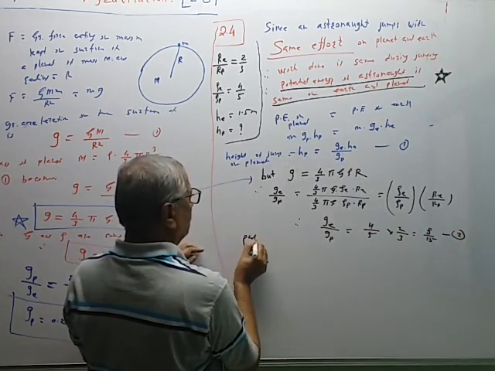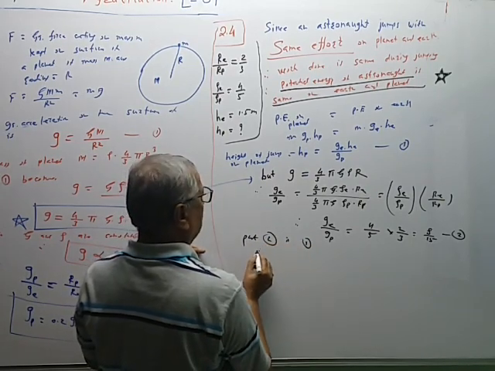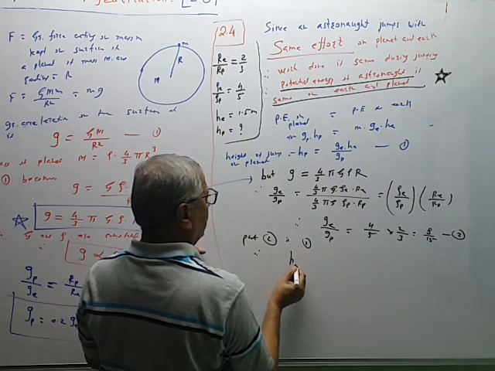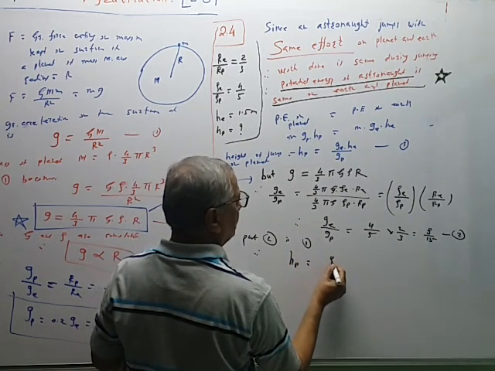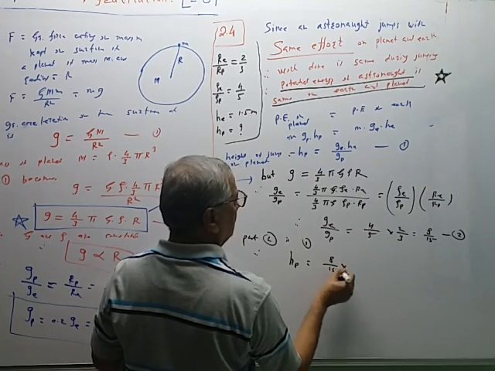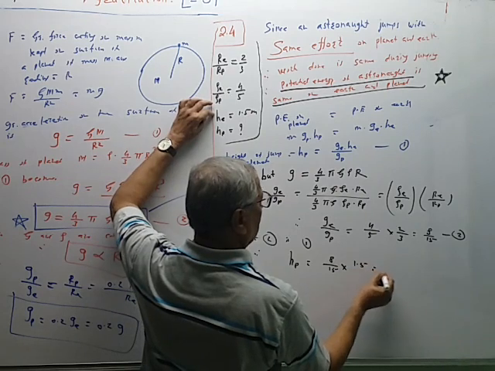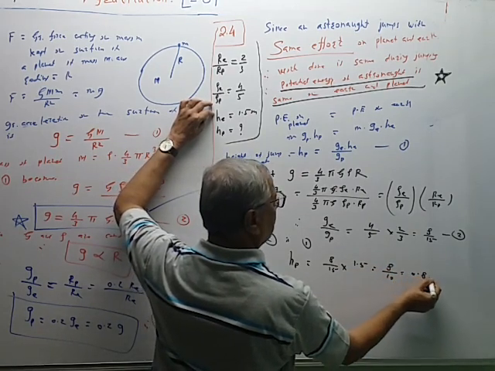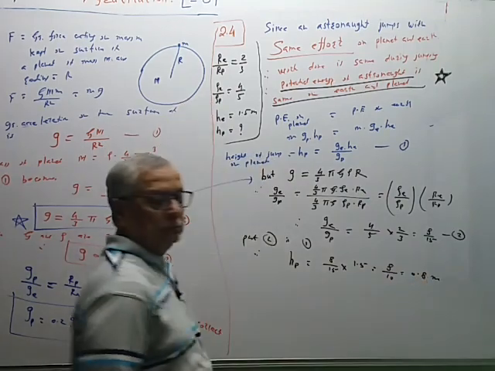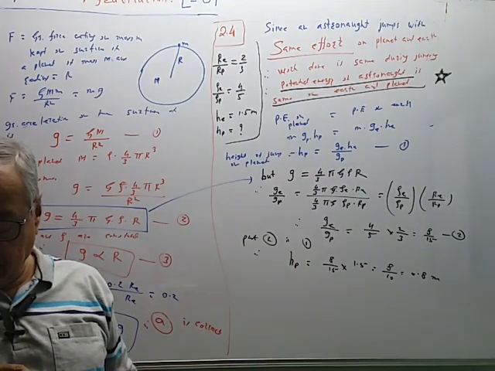So put 2 in 1. Therefore, height of the jump on the planet is equal to g upon gp, which is 8/15, multiplied by height 1.5. So that is equal to 8/10, that is equal to 0.8 meter.